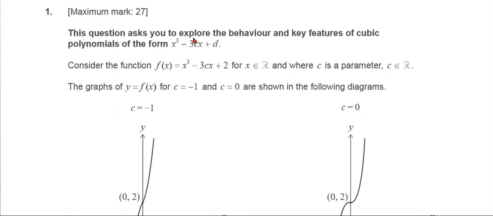This question asks you to explore the behavior and key features of cubic polynomials of the form x cubed minus 3cx plus d. Consider the function, where they put 2 instead of d, for x real and c real.